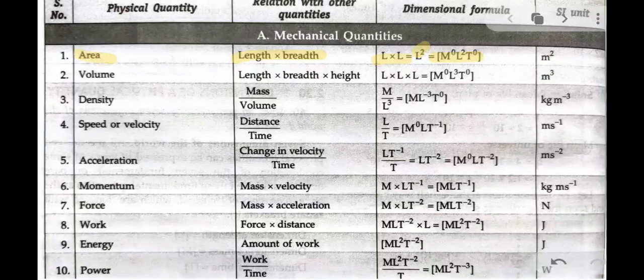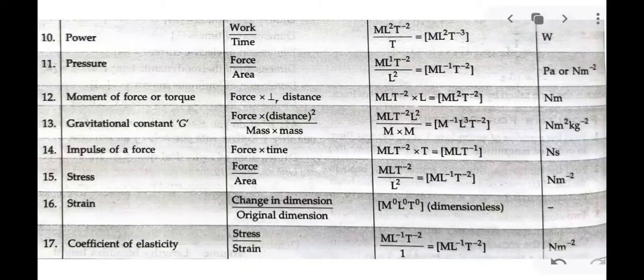Similarly, there are various dimensions given. So whenever you get confused, you can refer to this chart for your dimensions. Now these dimensions are your mechanical quantities. Similarly, let us say power. Power we will discuss in another chapter, work, energy and power.